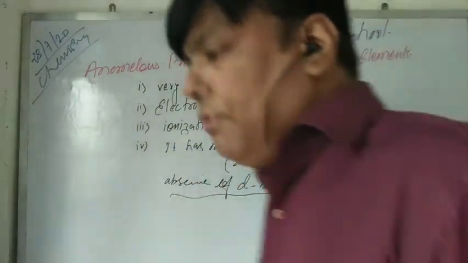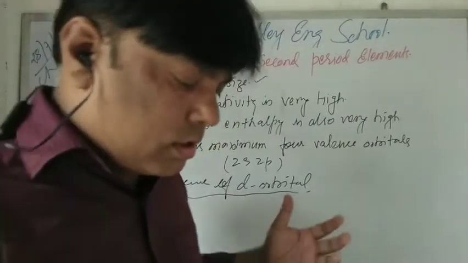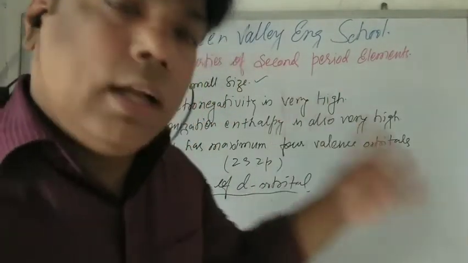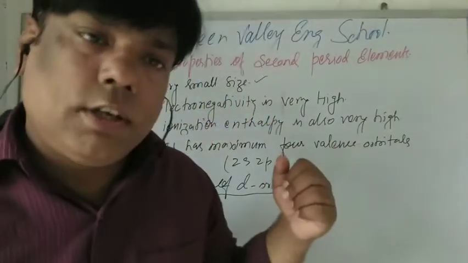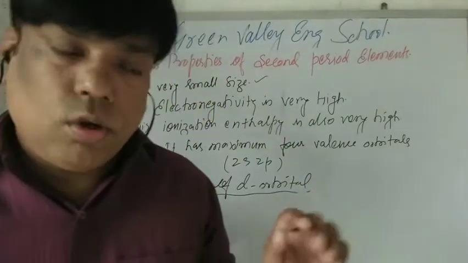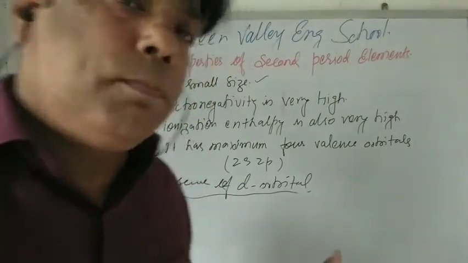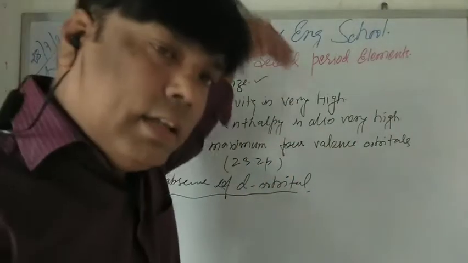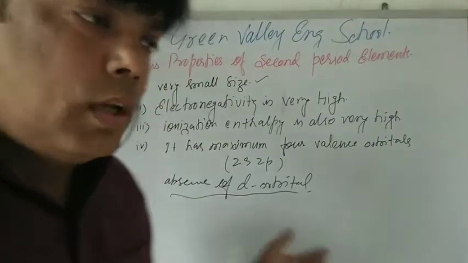One thing, if you remember, in previous lecture we have discussed ionization enthalpy trend, electronegativity trend, and negative electron gain enthalpy trend. So in a group, all these properties are decreasing as we move from top to bottom.